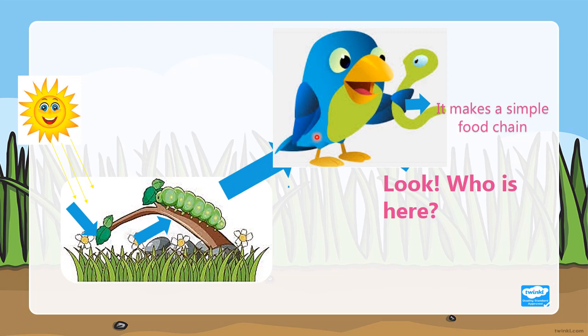Hey, it has made a simple food chain. This is the food chain I was talking about from allotments, where we find plants which are eaten by insects, and that is eaten by a bird. It makes a simple food chain.